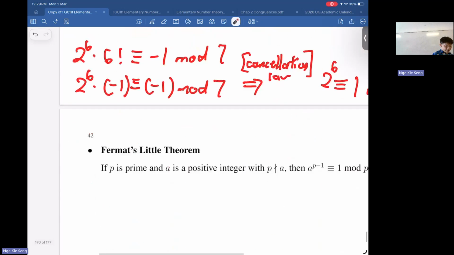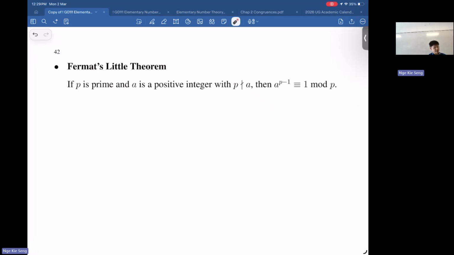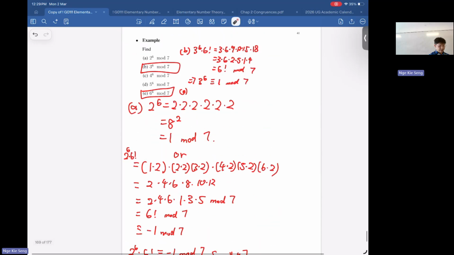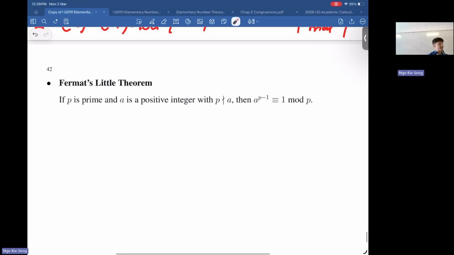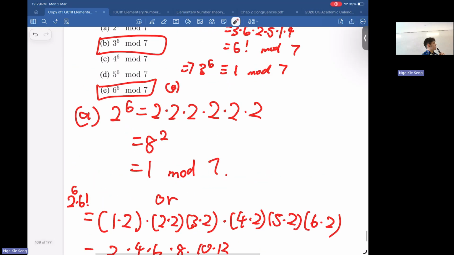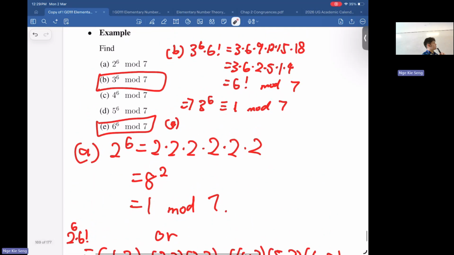Okay, so from here we can prove Fermat's little theorem, saying that if P is prime and A is a positive integer such that P doesn't divide A, then A to the P minus 1 is congruent to 1 mod P. Wilson's theorem tells you that P minus 1 factorial is minus 1 mod P, and then Fermat's little theorem tells you how to solve A to the P minus 1 when P doesn't divide A. So this is the solution we got before.